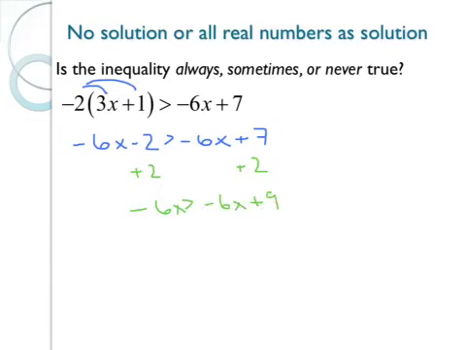And then I'm going to add 6x to each side. And whenever I do that, and I actually add these together, I'm going to get 0 is bigger than 9. Well, when is 0 bigger than 9? Well, I hope that 0 is never bigger than 9. That is not a true statement. So I would say this is never true.